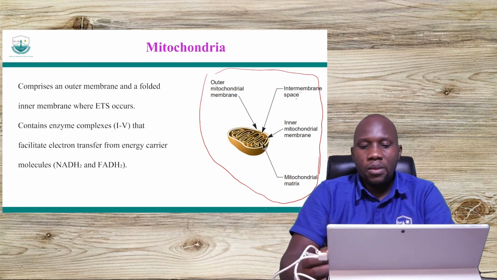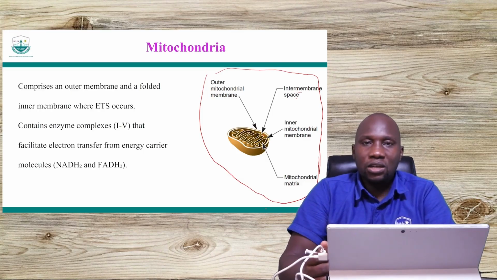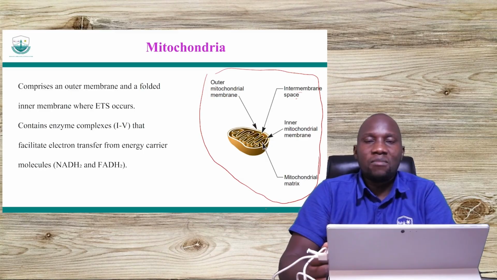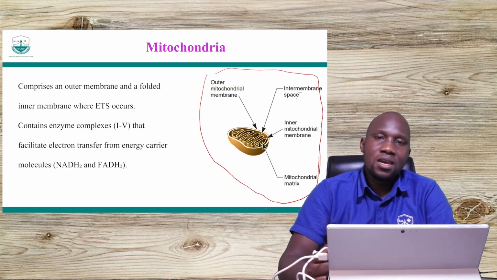This is the inner membrane, and the inner membrane of the mitochondria is folded. This is actually an adaptation that increases the surface area on which respiratory reactions, especially electron transport reactions, can take place.